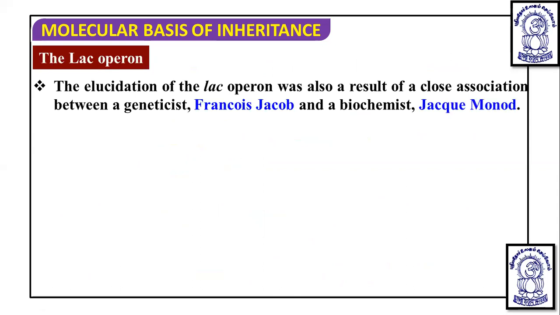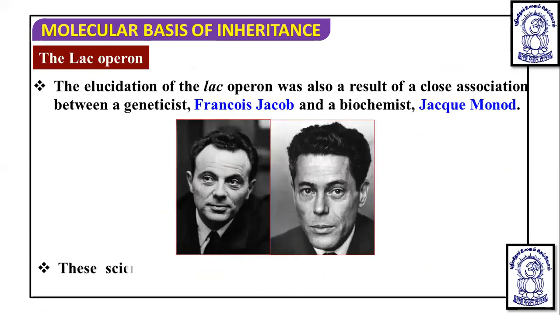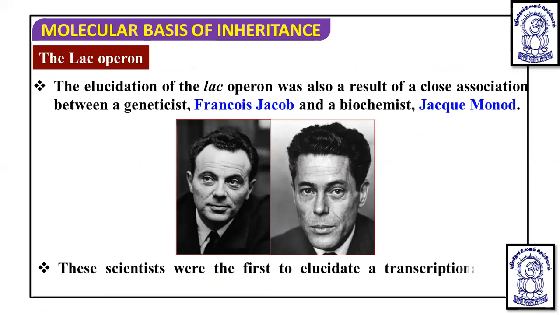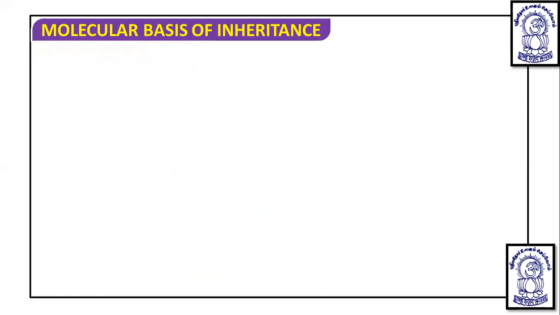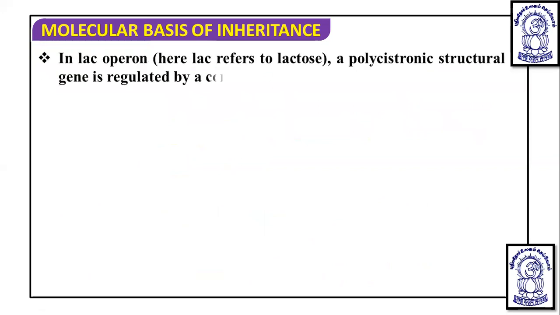The elucidation of the lac operon was a result of a close association between the geneticist Francois Jacob and Jacques Monod. These are the two scientists who worked on the lac operon. They were the first to elucidate a transcriptionally regulated system.